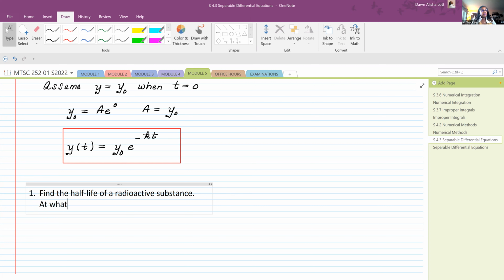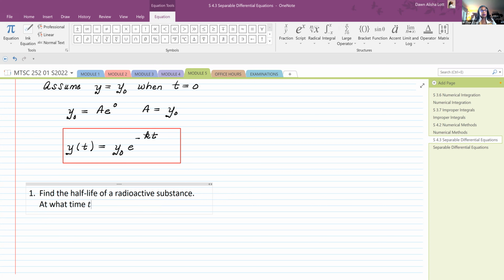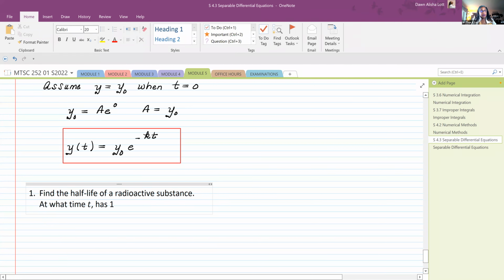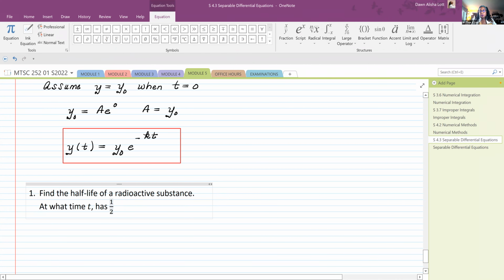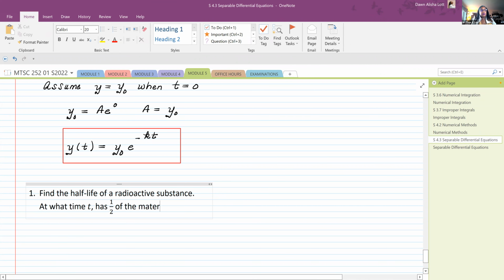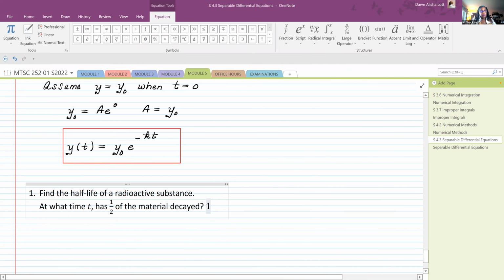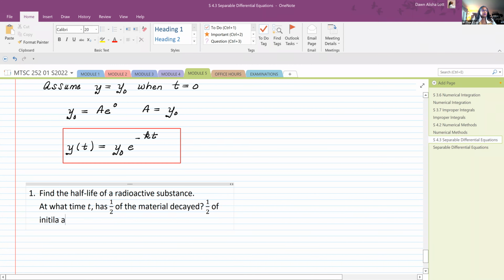So at what time t has 1/2 of the material decayed, or again 1/2 of the initial amount is left or present. Okay. So that's the half-life.